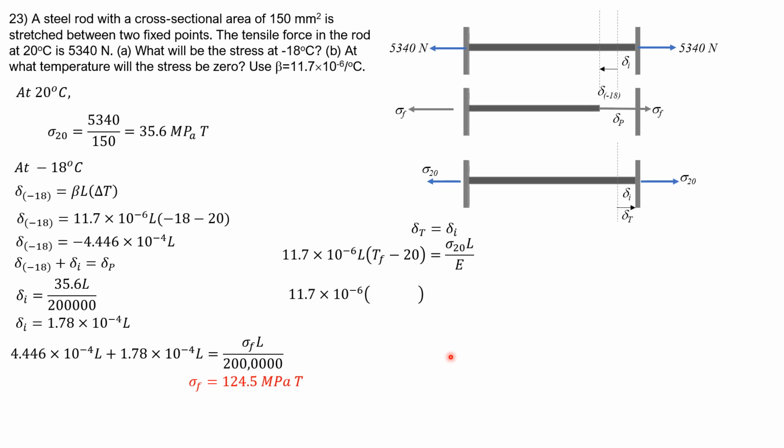So 11.7 times 10 to the negative 6 times TF minus 20 equals 35.6 over 200,000. So solving for TF in degrees Celsius, it is equal to 35.21 degrees Celsius. So that's the answer to this problem.